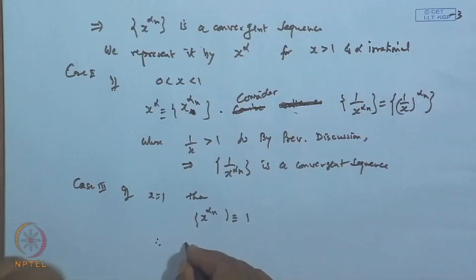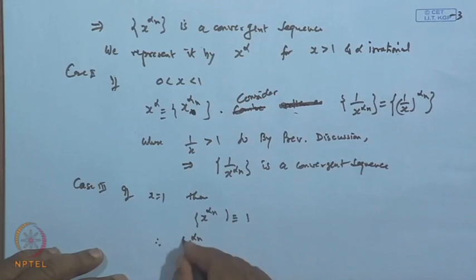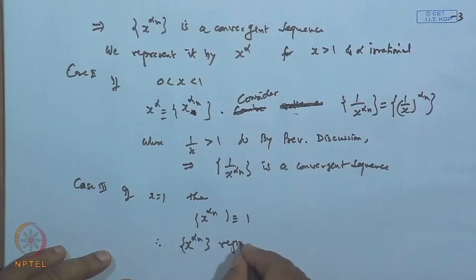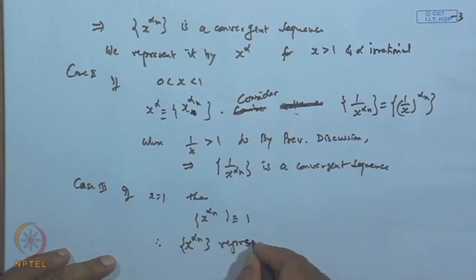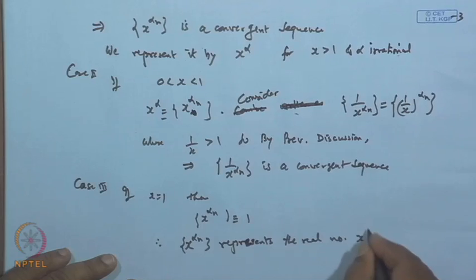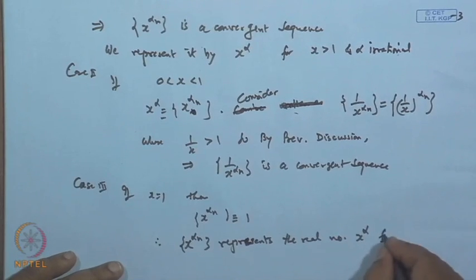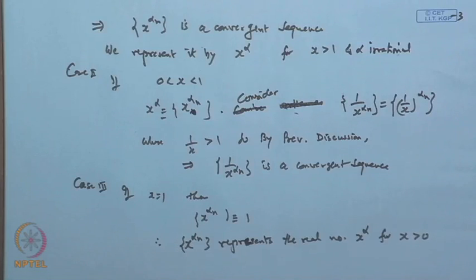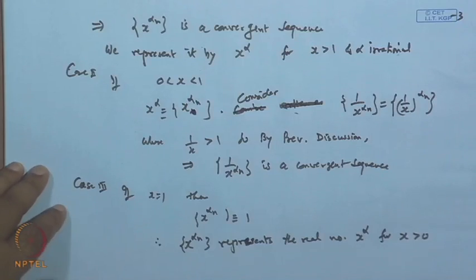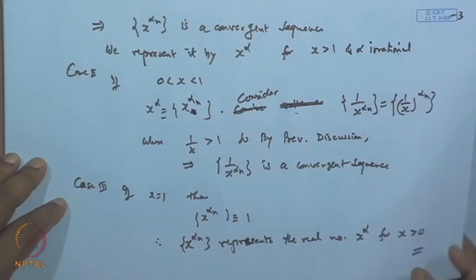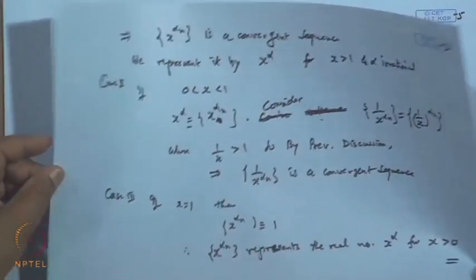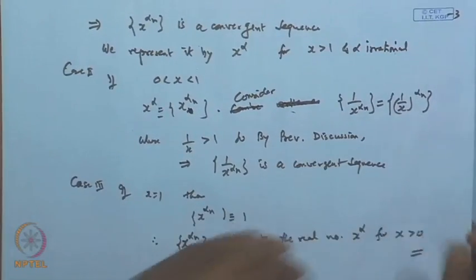Therefore, the sequence x to the power alpha n represents the real number x to the power alpha for all x greater than 0, and this will be an irrational number. Okay. So, that is what it represents. Is it okay? So, the index can also be justified with the help of Cauchy sequence.